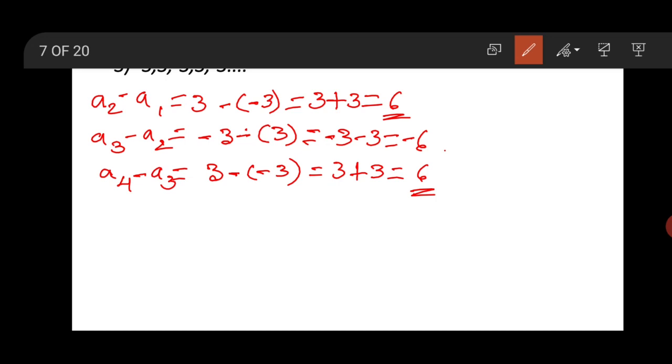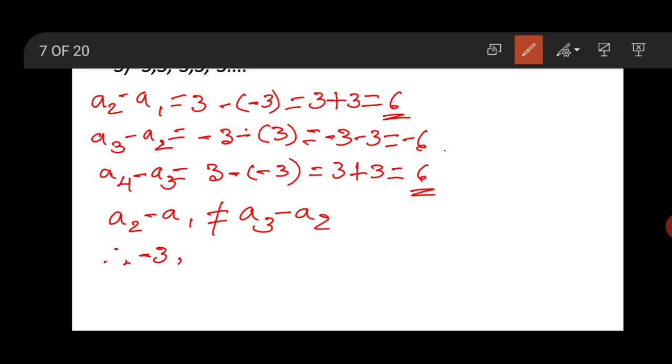Observe these: 6, minus 6 and 6. Are they same? No. Therefore, A2 minus A1 is not equal to A3 minus A2. Therefore, the given list of numbers is not in AP.